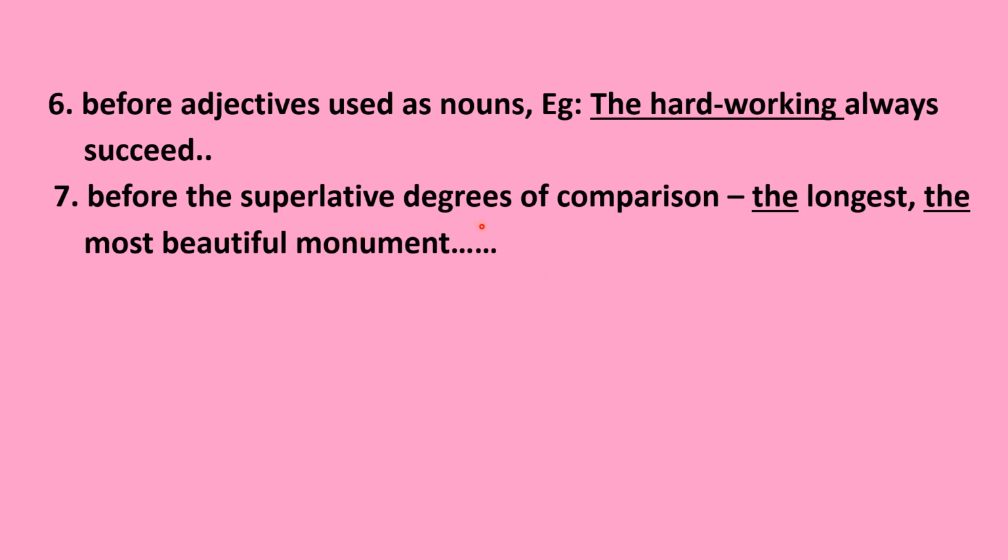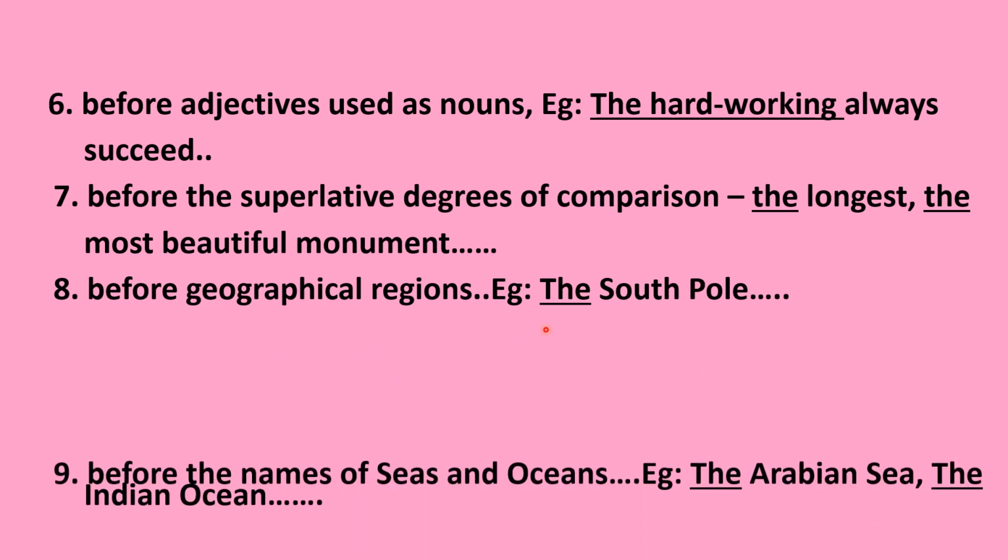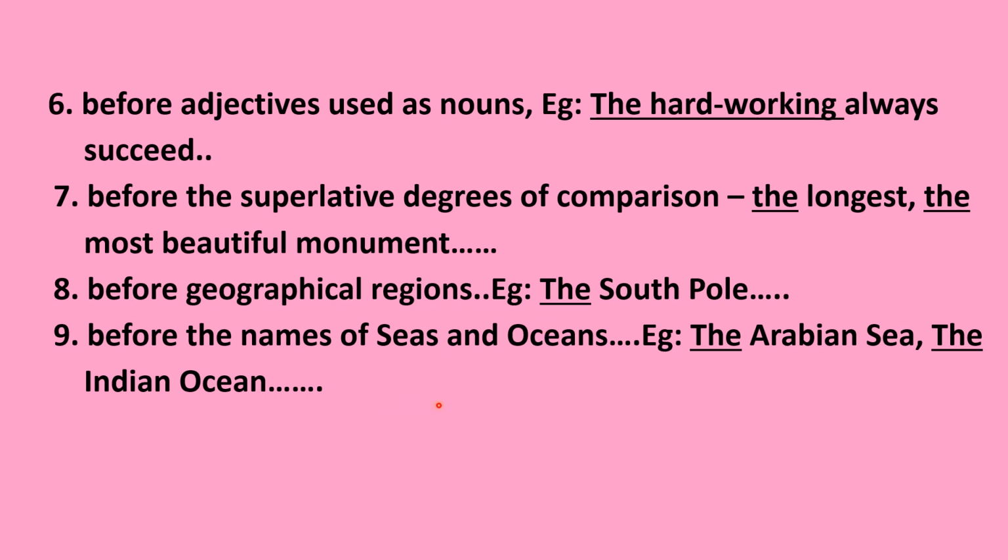So all the superlative degrees have to be written with the preceding them. Eighth, before geographical regions, for example, the South Pole, the Arctic, the Antarctic. So all the geographical regions have to be written with the. Next, before the names of seas and oceans, example, the Arabian Sea, the Indian Ocean.